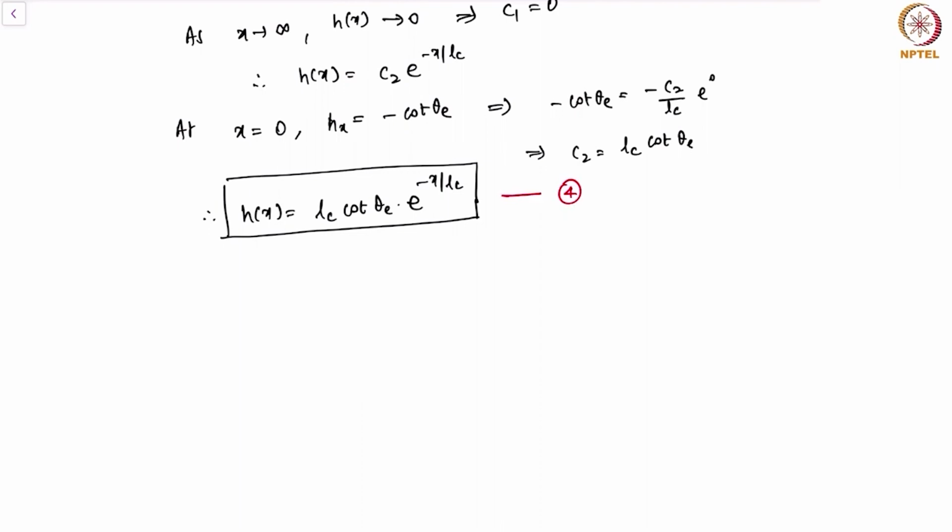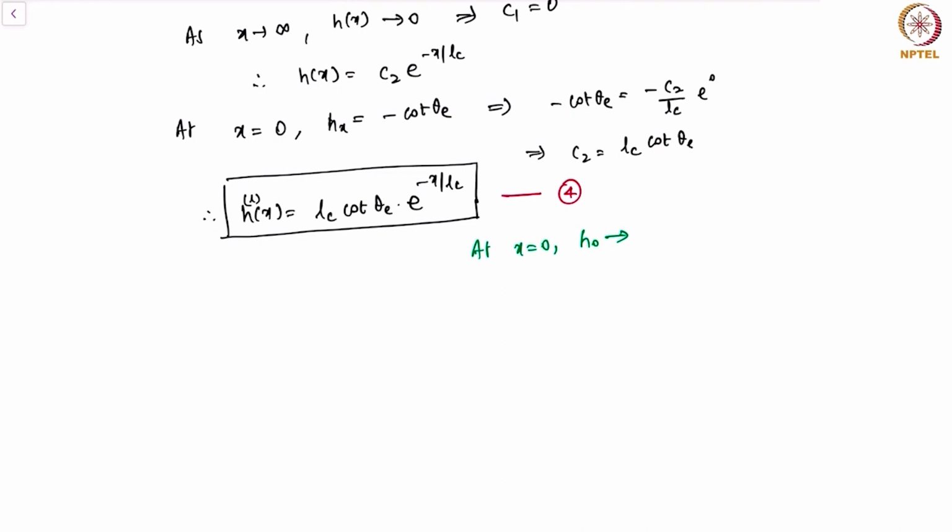Let's now compare some of the predictions that come out of this equation. One of the predictions is at x equal to 0, where we have h naught as per this result. Let's label it h naught of L, to say that it's a linearized solution.